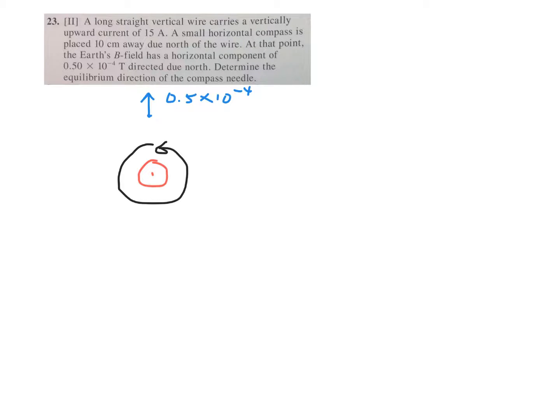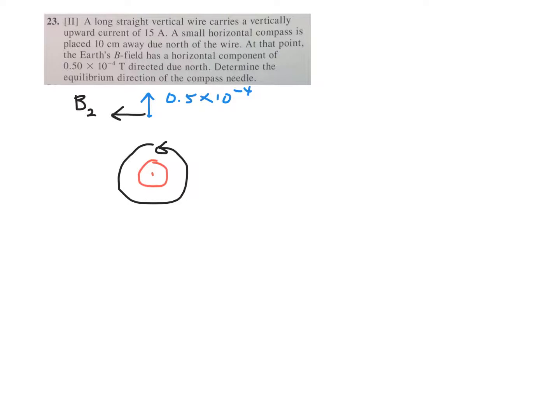At any given spot on that circle, the magnetic field is tangential to that circle as you go around the wire. As I make that circle bigger, at the reference point, that magnetic field would be towards the left. That's the tangent to that circular magnetic field at that spot. That's B sub 2, the magnetic field created by the wire at that location.